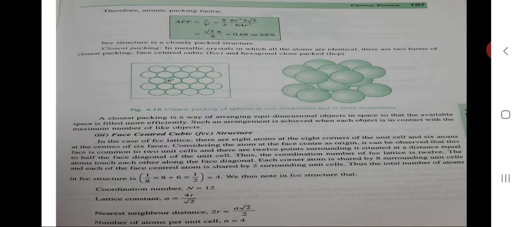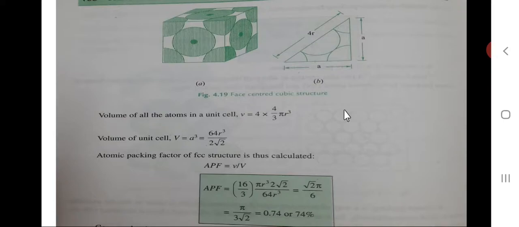We thus note in the FCC structure that coordination number n is equal to 12, lattice constant a is equal to 4r by root 2, nearest neighbor distance 2r is equal to a root 2 by 2, number of atoms per unit cell n is equal to 4, volume of the atoms in the unit cell is 4 into 4/3 pi r cube.